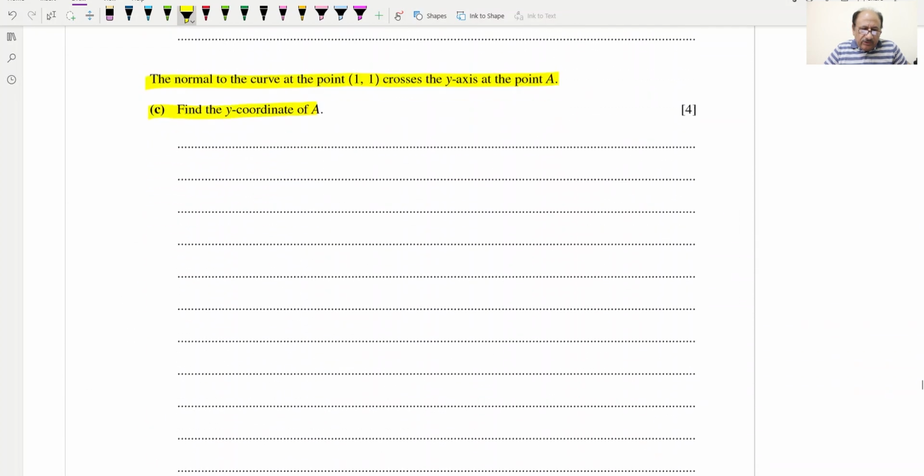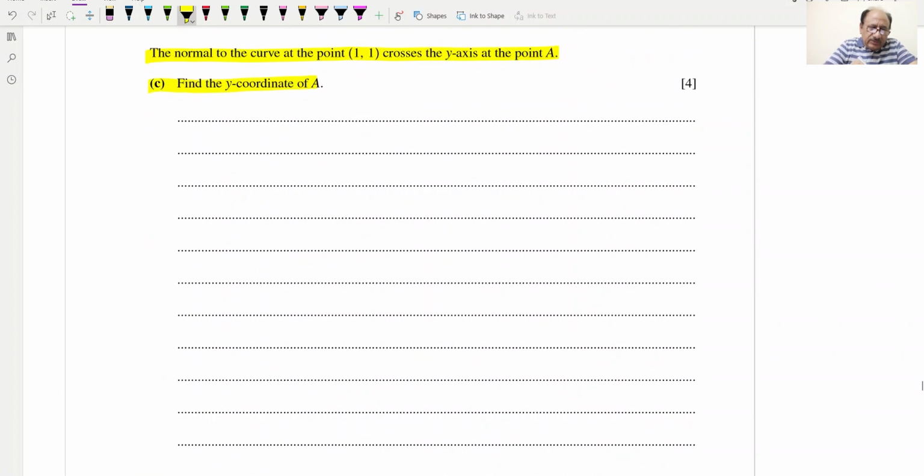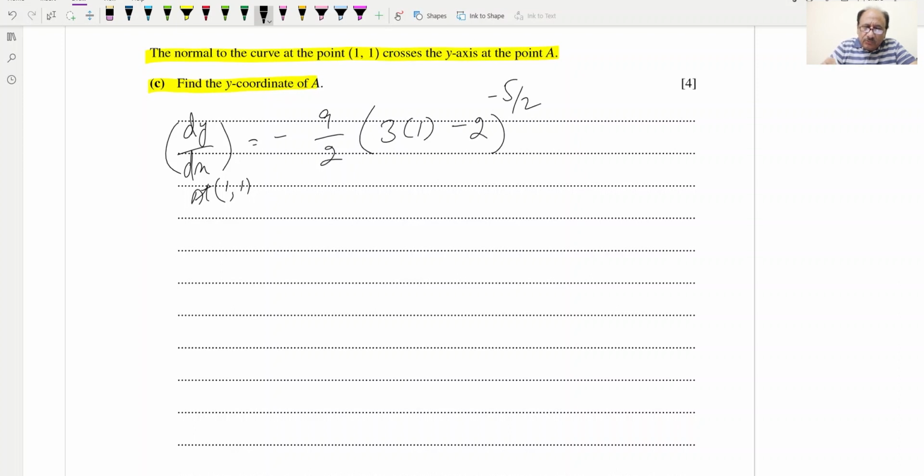So what we can do is take the derivative dy by dx at 1, 1. At 1, 1 it will be -9 by 2 into 3x, with x value taken as 1, minus 2, whole raised to the power -5 by 2.